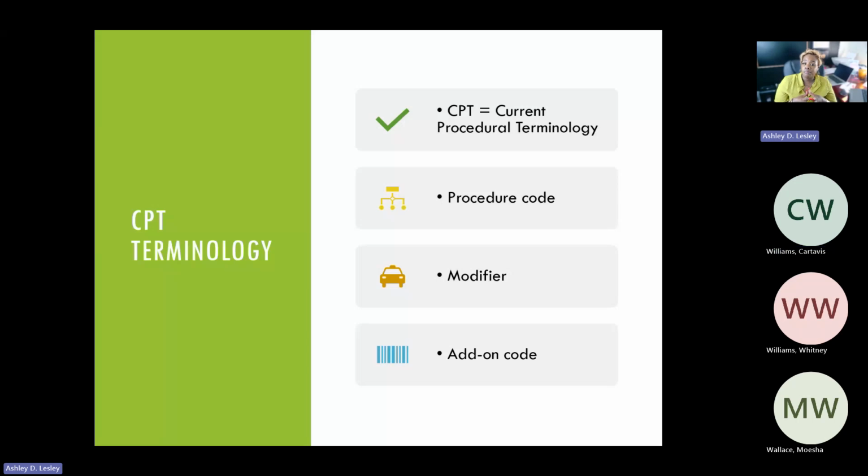But we put the modifier in saying, yeah, he came in in June, but we could not complete it because something happened. So therefore, medical necessity, we can do another one in July because we were not able to complete the procedure. So those are things that the modifier helps tell the complete story. Does that make sense?